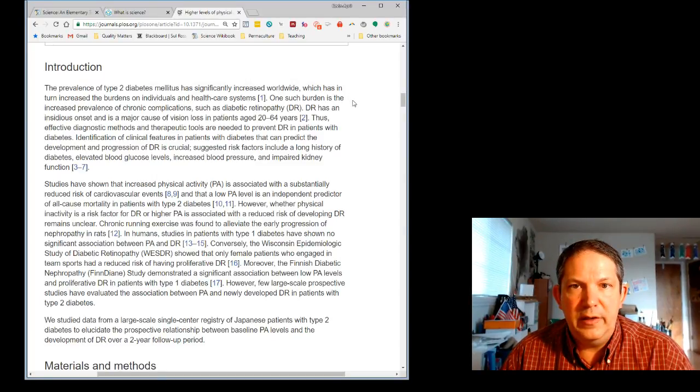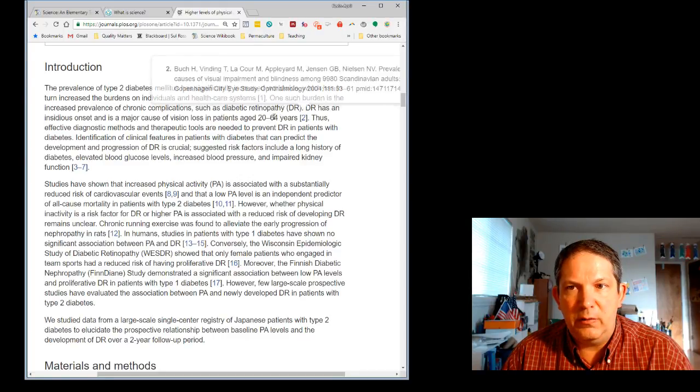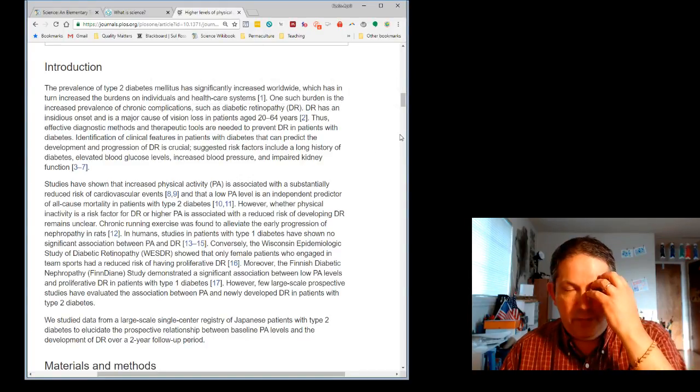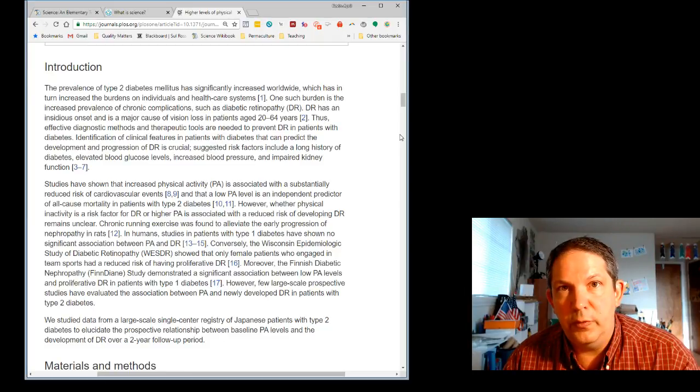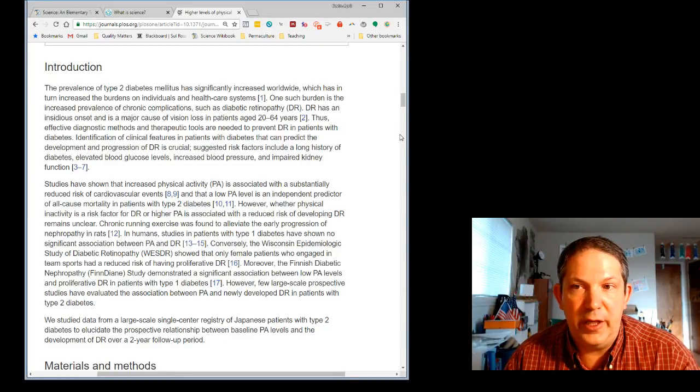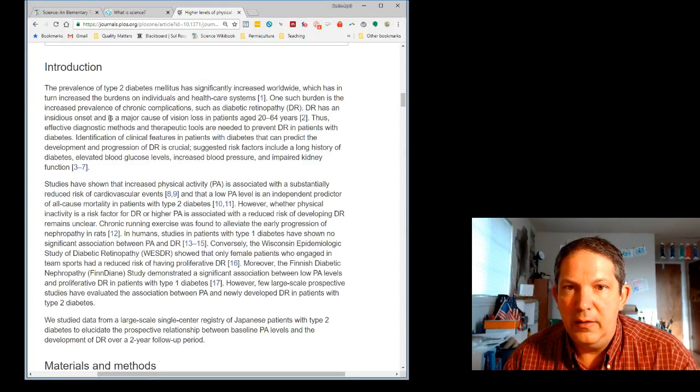One such burden is the increased prevalence of chronic complications, such as diabetic retinopathy. In other words, diabetes causes problems with the retina. Diabetes is the leading cause of blindness now. So DR, diabetic retinopathy, has an insidious onset and is a major cause of vision loss in patients aged 20 to 64 years.